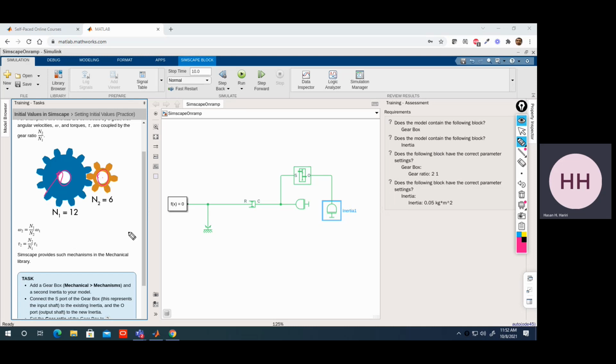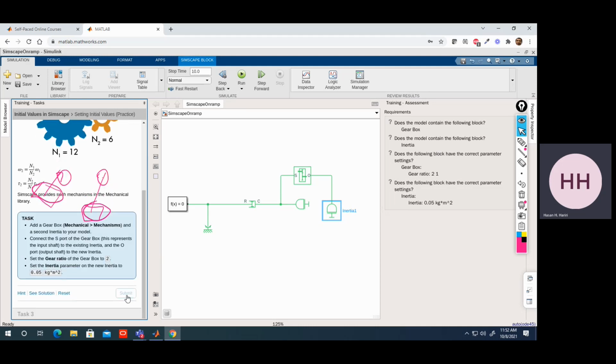That's what they are saying. And the O port, which is the output shaft, is connected to another rotational mass inertia, while the input shaft is connected to some inertia mass. So that's how they are connected together, via a gearbox of ratio 2. Good. All right. This is the task.